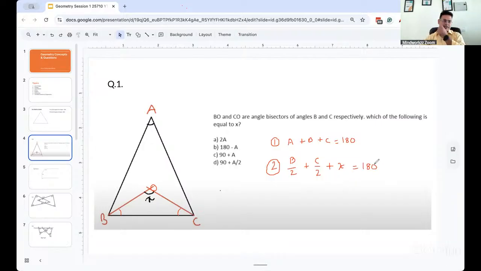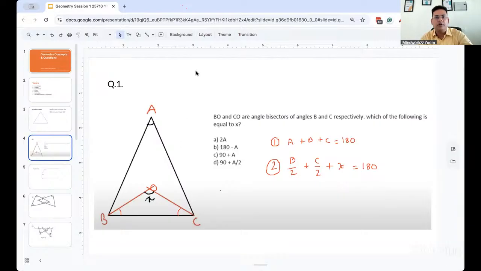Now from these two equations you just need to substitute the value of B plus C from the first equation in the second equation and you will get the value of X in terms of A, and that is what is required, right? So I hope you can solve it from here.